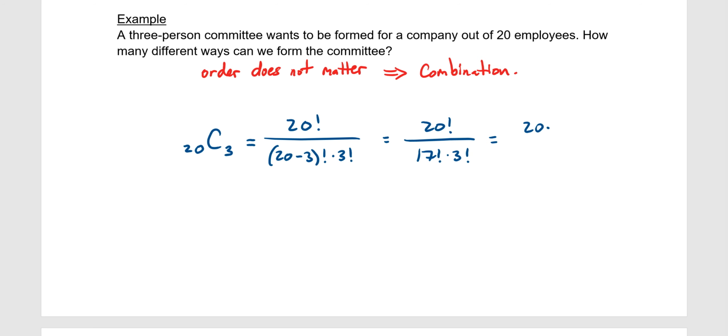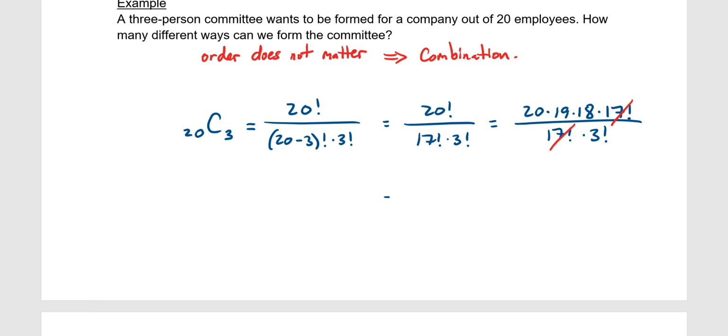It's going to be 20 times 19 times 18 times 17 factorial in the numerator. And that's going to be divided by 17 factorial times 3 factorial. So now we can see that the 17 factorials cancel, and we end up getting 20 times 19 times 18.